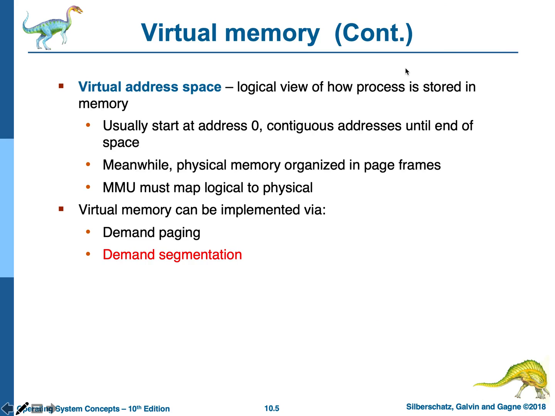Now, the virtual memory address space is the logical view of how a process is stored in memory. Usually we have seen that the addresses start at 0 in contiguous memory allocation and go until the end of memory, and this is actually an organization of physical memory.